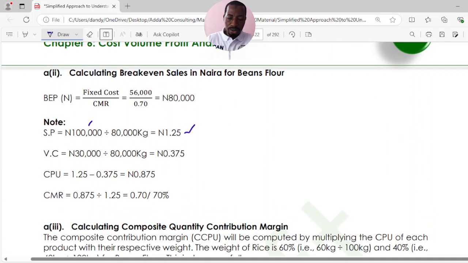The variable cost of beans flour is 30,000. Activity level is 80,000 kilogram. When you divide, you have 0.375. Therefore, contribution margin per unit is equal to selling price of 1 naira 25 kobo minus variable cost per unit of 0.375, and this is what produced 0.875.